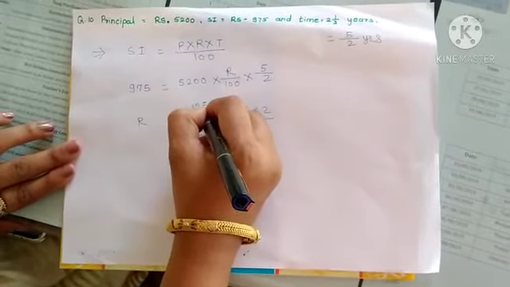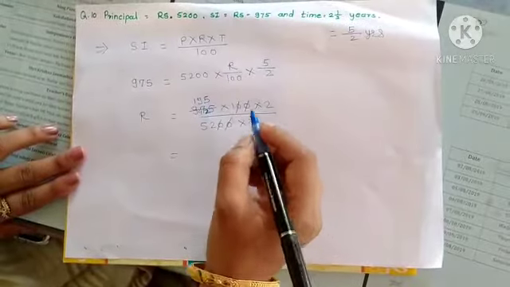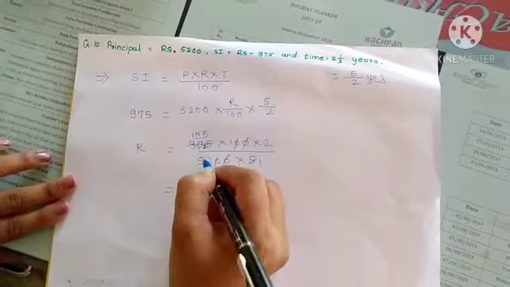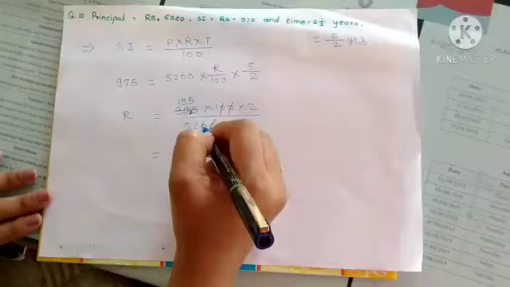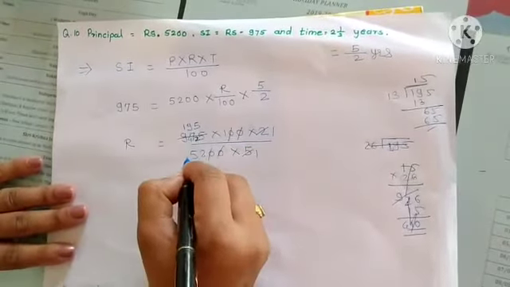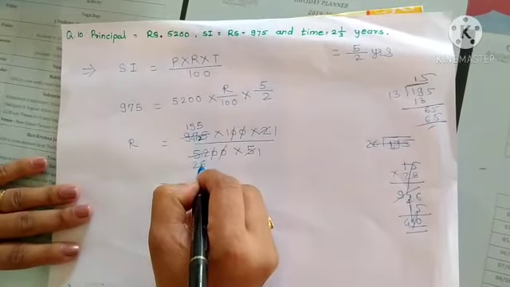So again I am going to reduce this. Now 2 1s are 2, 2 2s are 4, 2 6s are 12.